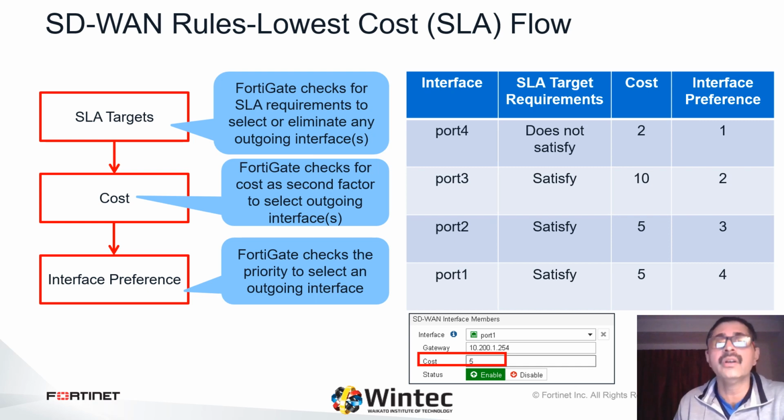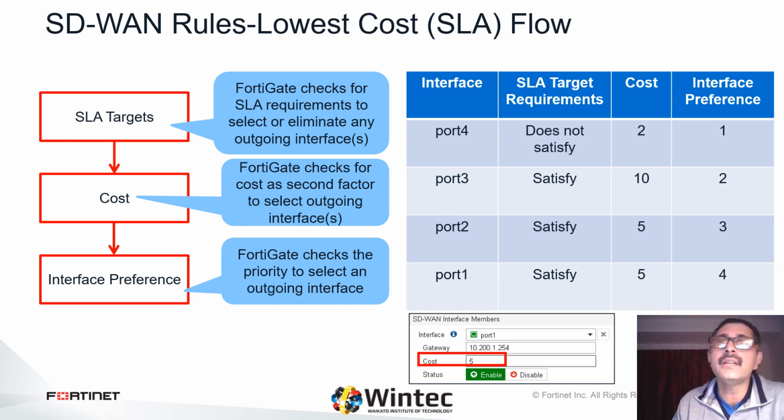You can configure the cost in Network, SD-WAN, under the SD-WAN members. FortiGate will select an interface with a lower cost. In the example shown on the slide, interface 1 and 2 have cost 5 and interface 3 has a cost of 10 set. This has already been set by you.